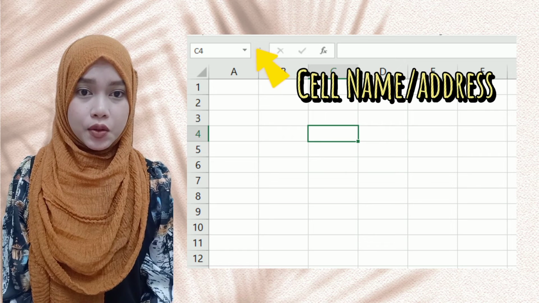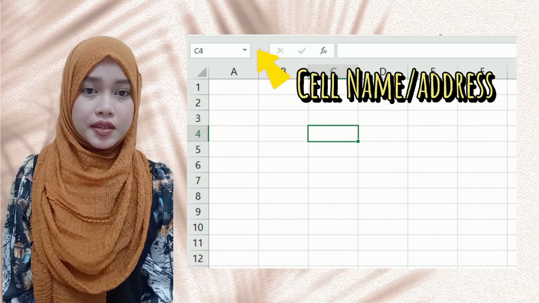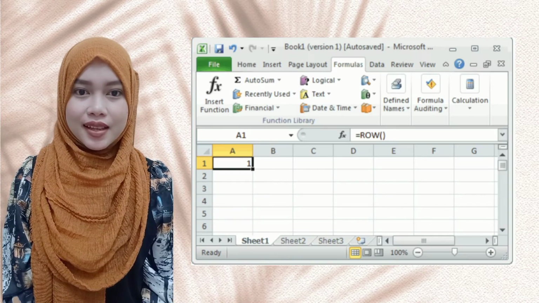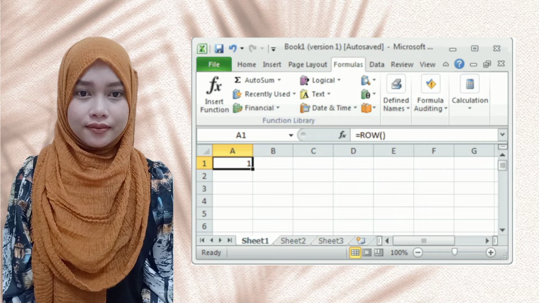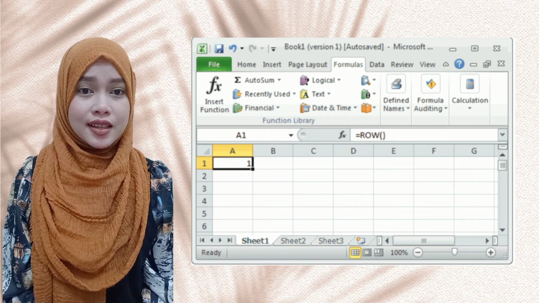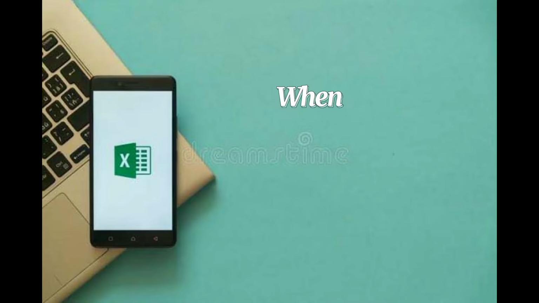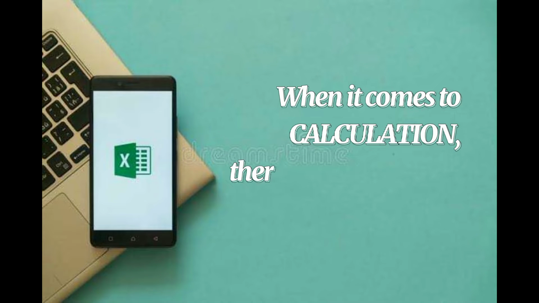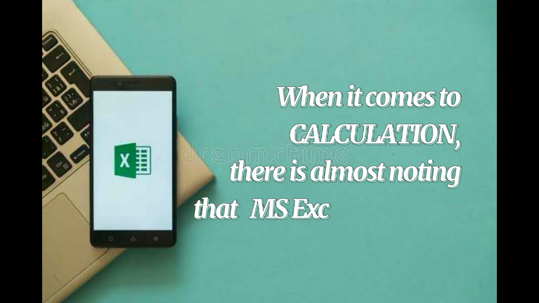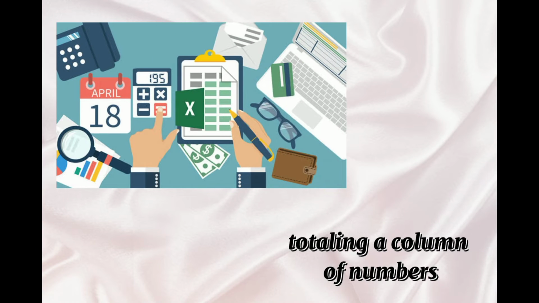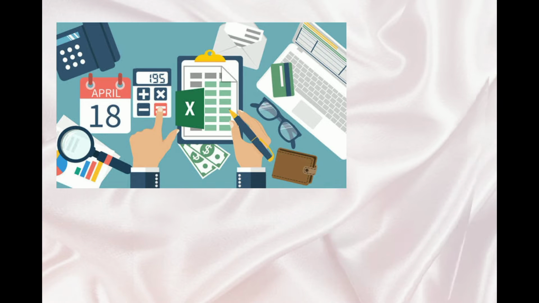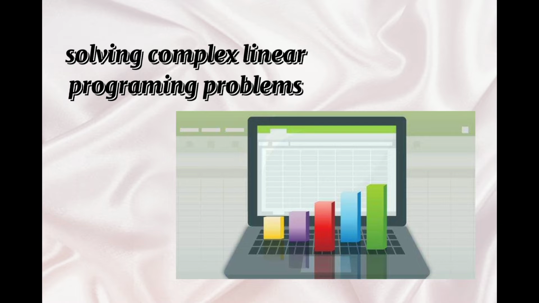Each cell has its own name, or cell address, based on its column and row. For instance, we have cell A1. This means that the cell is located at column A and row 1. When it comes to calculation, there is almost nothing that Microsoft Excel cannot do, from totaling a column of numbers to solving complex linear programming problems.